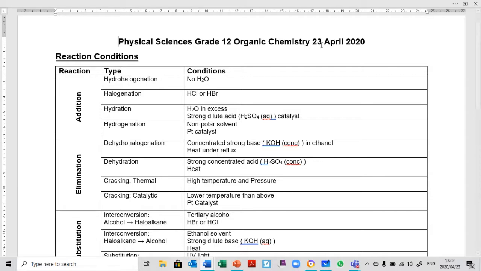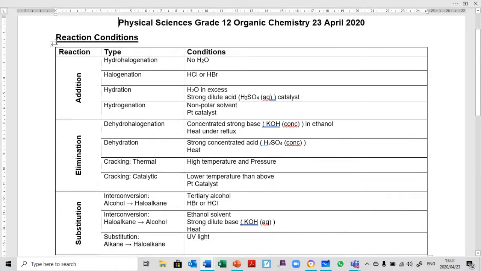diagram. Okay, so what I did in this is I tabulated for you the reaction conditions that you need to know. So we've got addition reactions, hydrohalogenation, halogenation, hydration, and hydrogenation, and we have each of those reaction conditions attached.